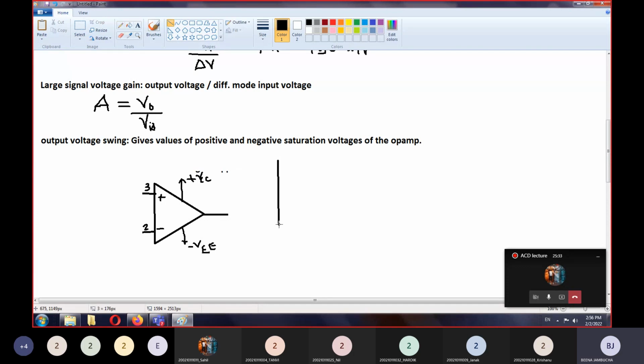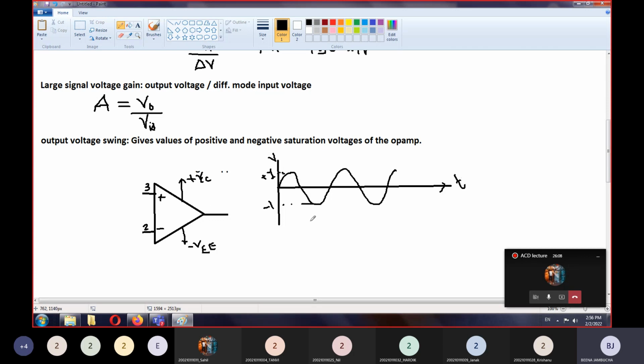So, for example, let's say we have a sinusoidal input, and this is the differential input. This value is, let's say, 1 volt. Here it is plus 1, and on the below side, this value is minus 1. This is your time signal.